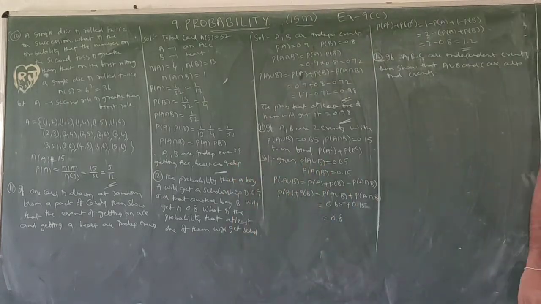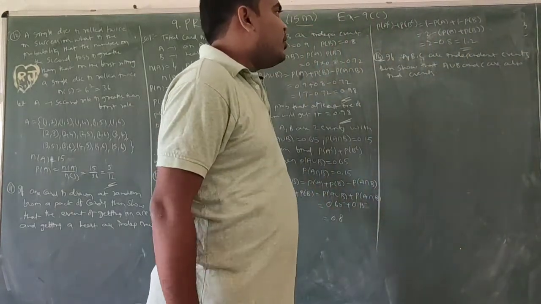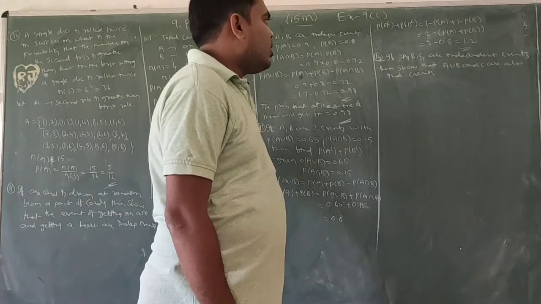So A, B, C are independent events. Then we need to prove A union B and C are also independent events. Okay. Now solution.